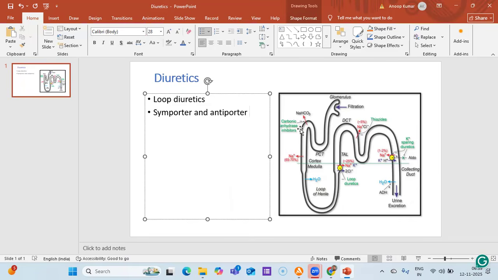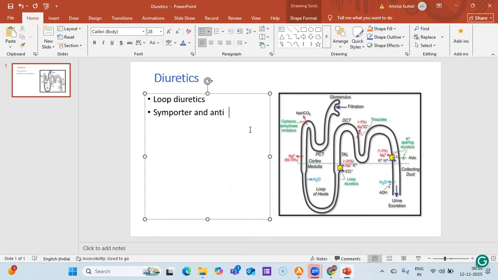These channels are present on the proximal convoluted tubules. Why antiport systems? Sodium is reabsorbed and hydrogen is excreted on the luminal side. And this one is the sodium, potassium, 2 chloride symporter. Symporter means all the ions move in the same direction, so they are going to be reabsorbed.